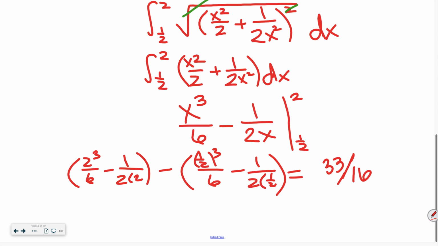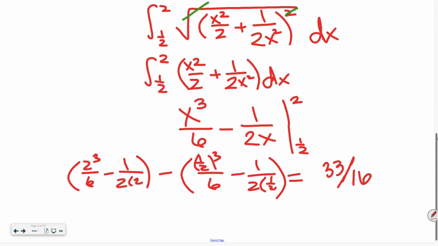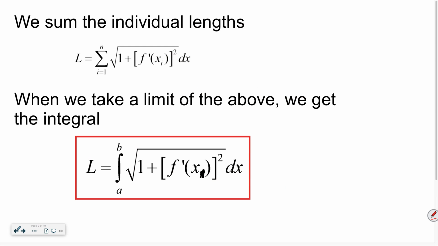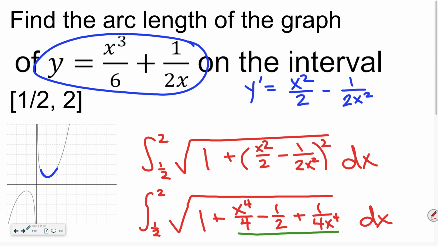Okay, so let's figure out, is our answer reasonable? What would the line of sight distance, the distance formula distance, be between these two coordinates? Here's the picture.